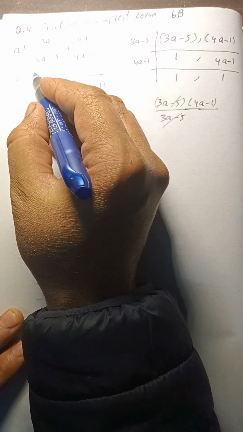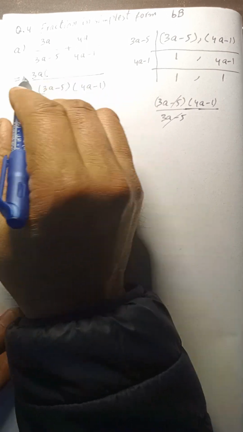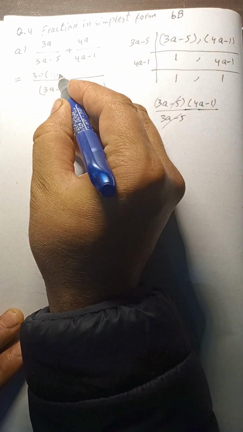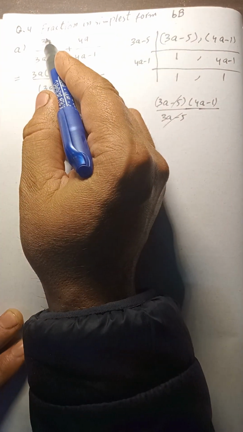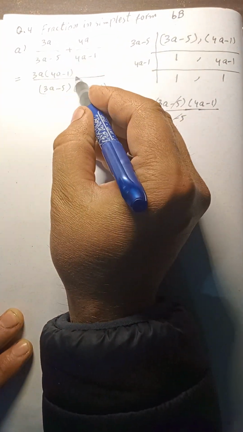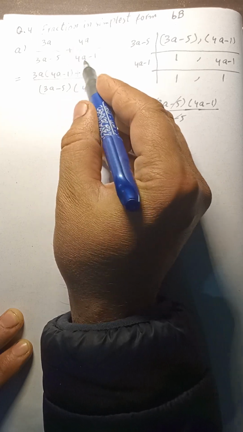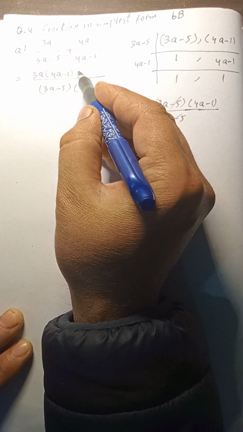This answer is multiplied by the numerator, so I have written this answer here and this numerator here. Now this plus sign, or if there is a minus sign then a minus sign, this plus sign here.